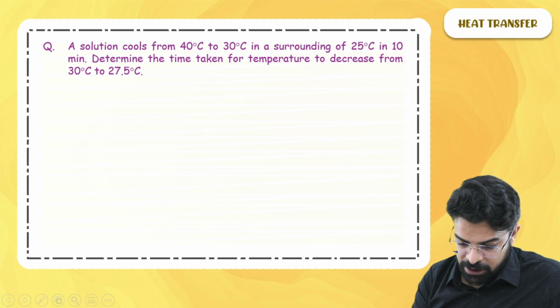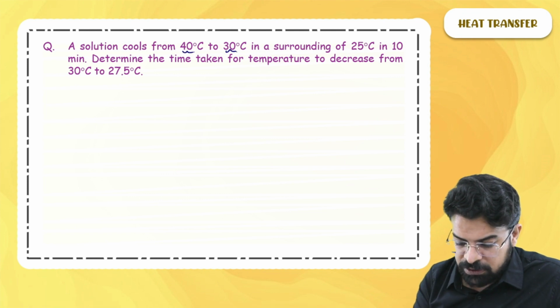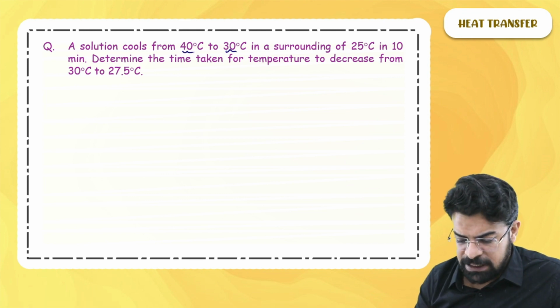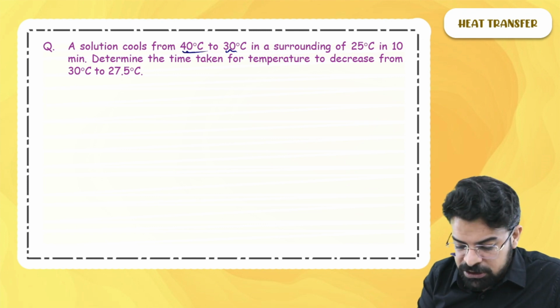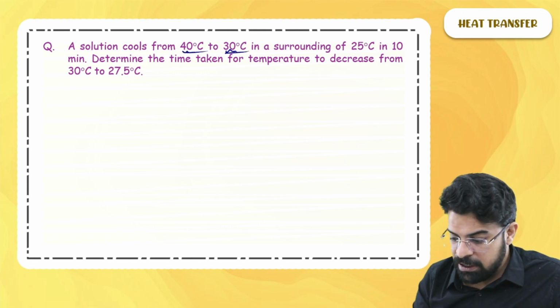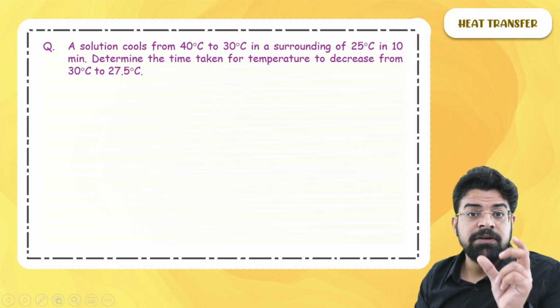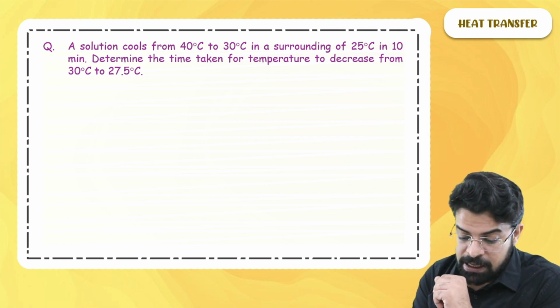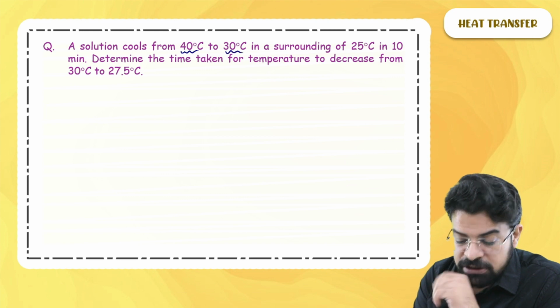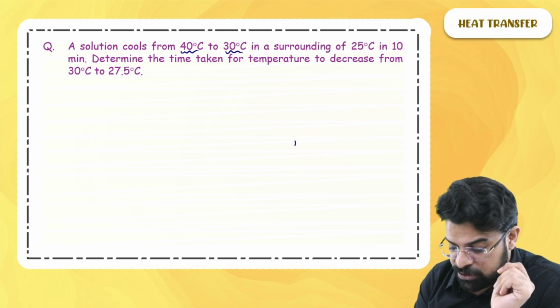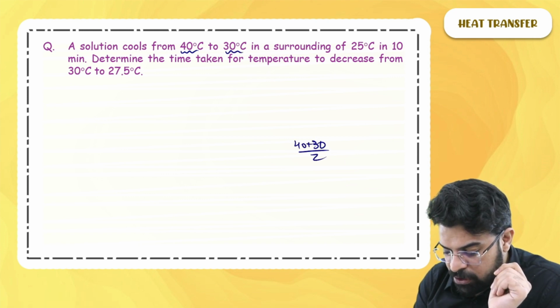How? Let's see. The body cools from 40 to 30. Let's say the mass of the body is m, specific heat s, and the temperature drop is 10, in how much time? 10 minutes. And you can write the average temperature difference between the body and surrounding. As the temperature of the body decreases from 40 to 30, the average temperature of the body will be (40 plus 30) by 2, that is 35.